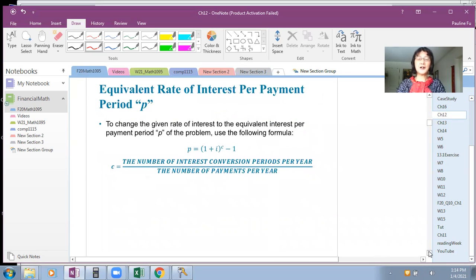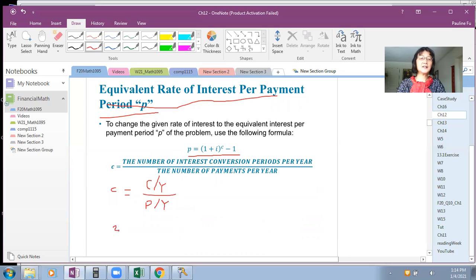So now once we have C, we introduce the equivalent rate per payment period, P. P equals 1 plus I, raised to the power C, then minus 1. And C equals the number of interest conversion periods per year, CY, divided by the number of payments per year, PY.